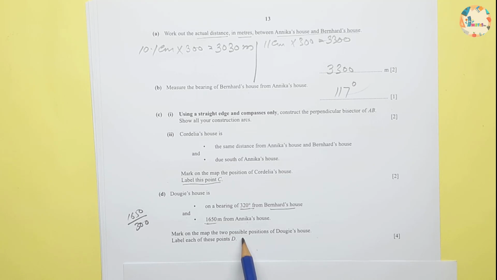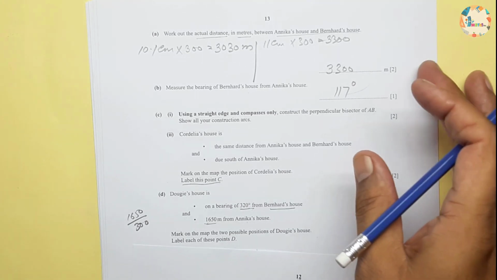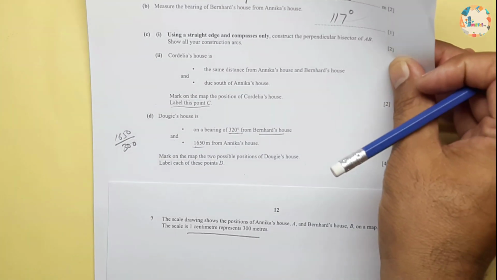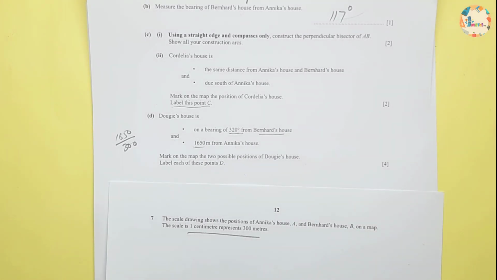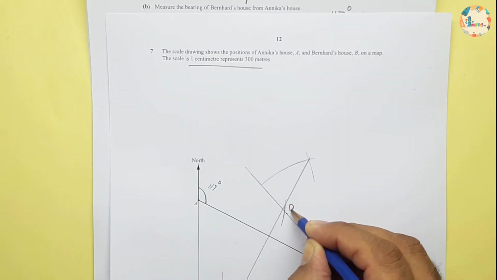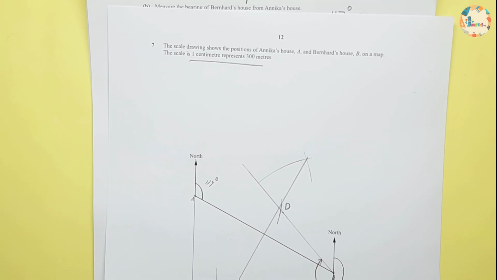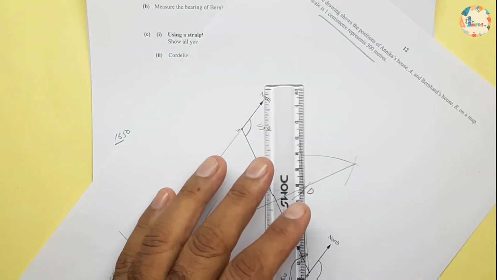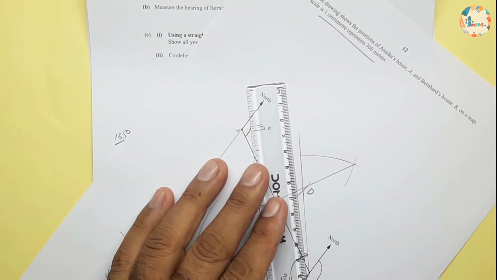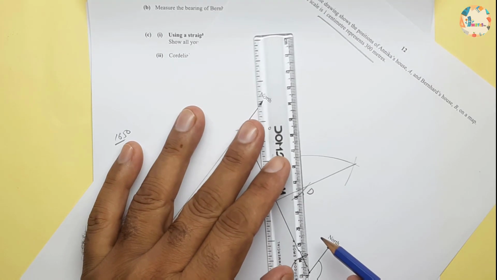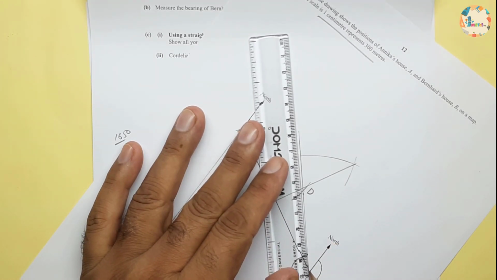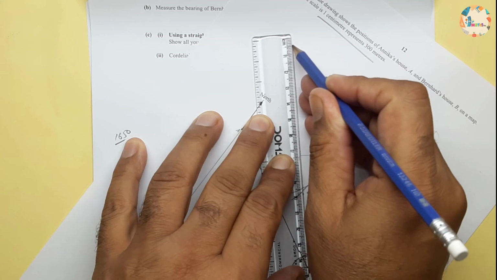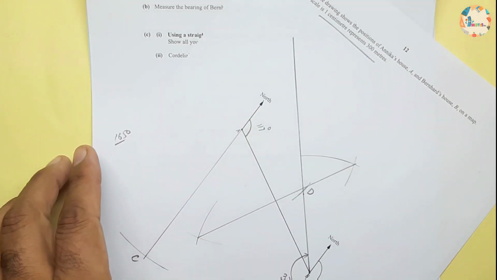Mark on the map the two possible positions of this house. Label each of these points as D. So this can be the location, and another location can be, if we extend this further, on the other side.